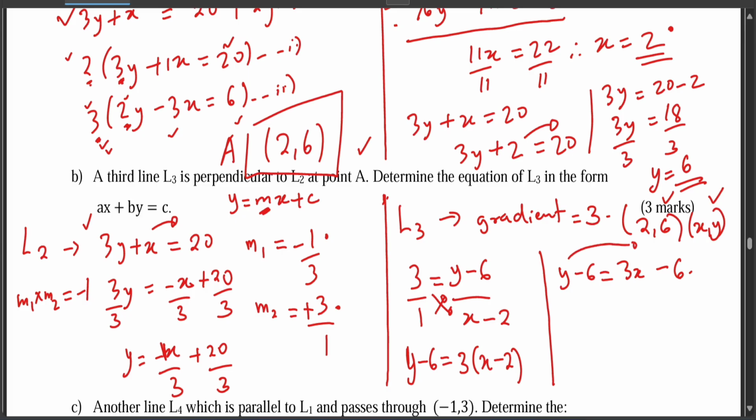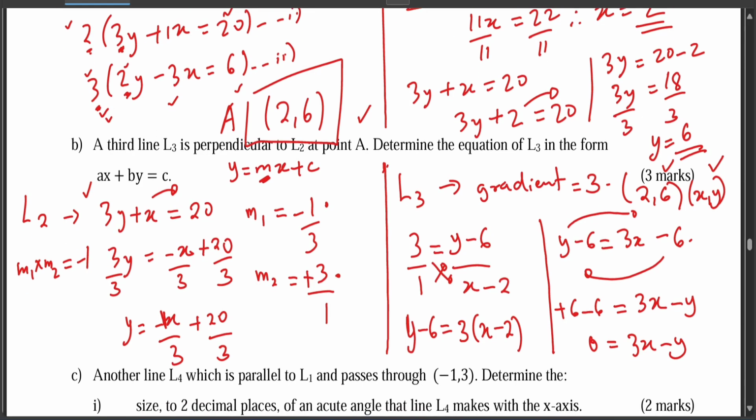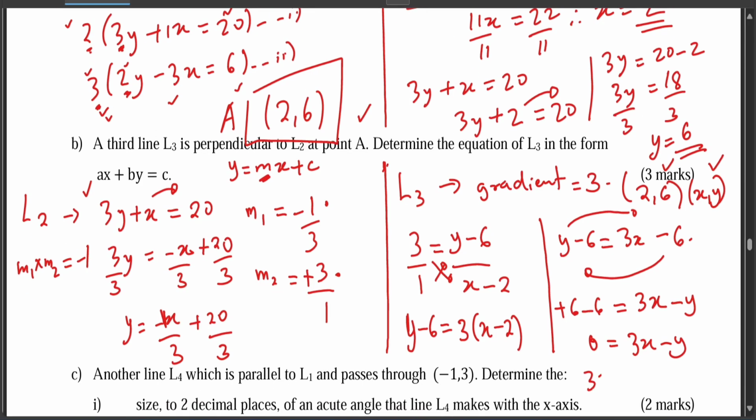Pale kwa negative 6 na negative 6 tuilete hapa. Sawa. So therefore ile y ukipeleka huku itakuwa ni 3x minus y, na hiyo negative 6 ukileta hapa itakuwa positive 6 minus 6, which is 0. So 0 equal to 3x minus y. Ama tuiandike hivi, 3x minus y is equal to 0.